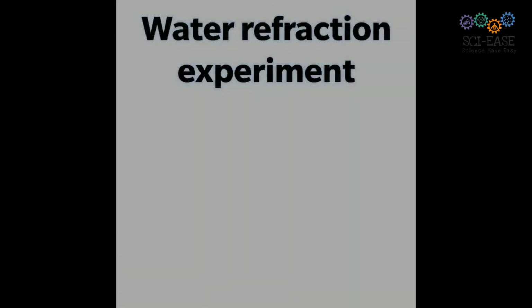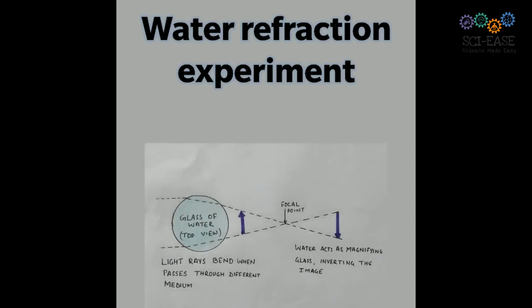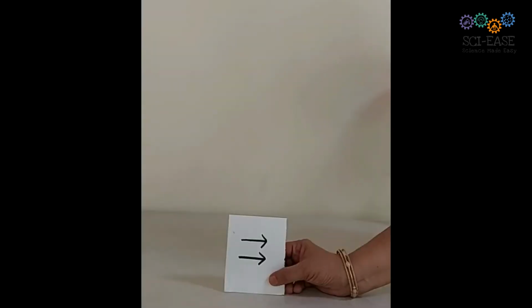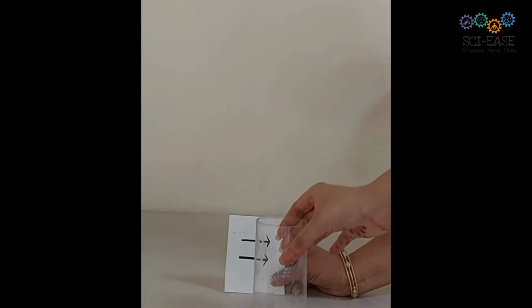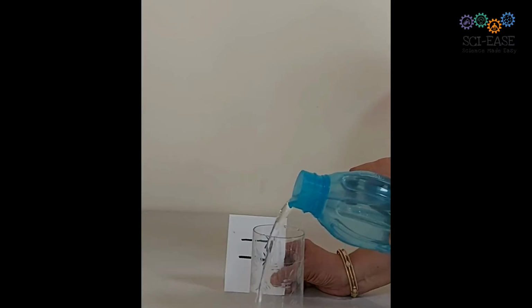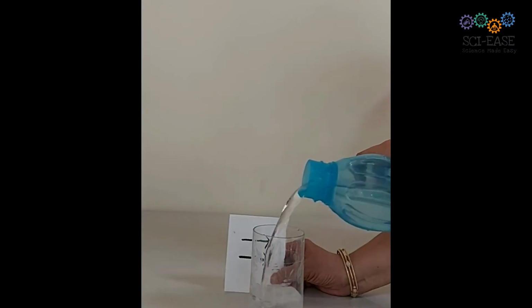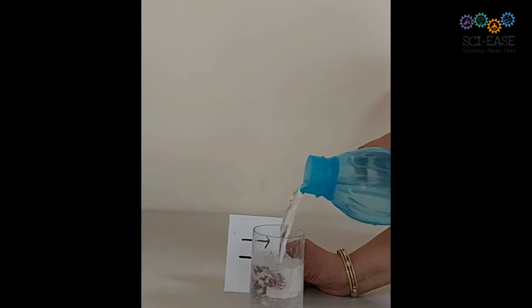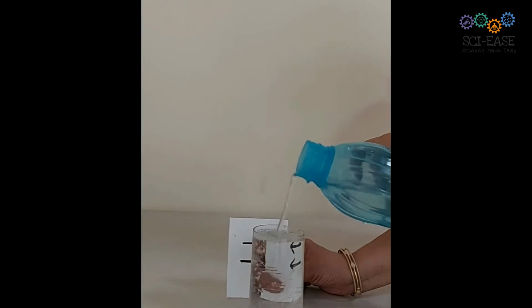In this video, we will perform a water refraction experiment. We will take a sheet of paper and mark arrows on it. Now place it behind the empty glass and add water to it. As we add water, we see that the direction of the arrows gets reversed. The phenomenon leading to this change is called refraction.